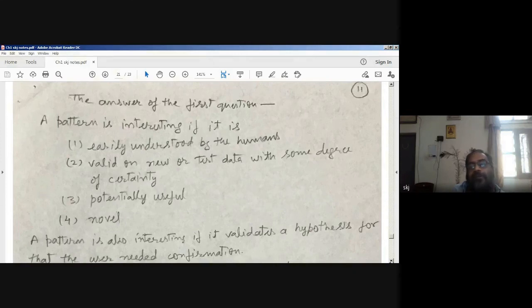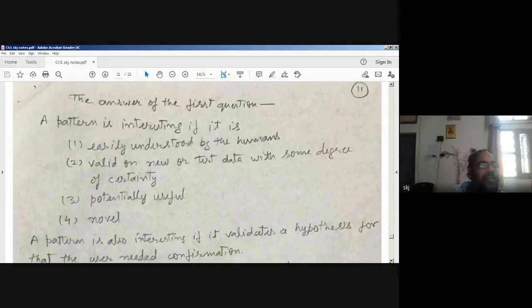Novel means new: a pattern that was never discovered earlier, and we are observing it for the first time. Many people are studying COVID-19 infection today: how it is spreading, how people are recovering, what the impact is on different regions of the country or the world, and on citizens of different countries.